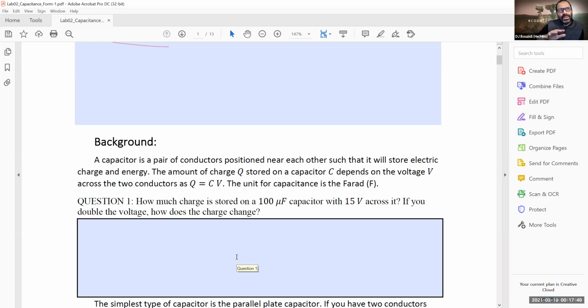Because if you don't include units, you're not talking about anything. You're talking about some abstract concept that has nothing to do with what we're doing, unless it's an object that does not have units, like an angle, for example, which is in radians, which is just a number, okay, or things of this nature, okay? Things that don't have units, it's fine. But things like, for example, a charge in here needs a unit, so you have to have a unit. If you forget that, you're going to lose points in these things in here.